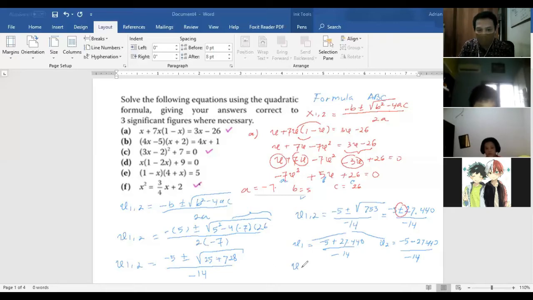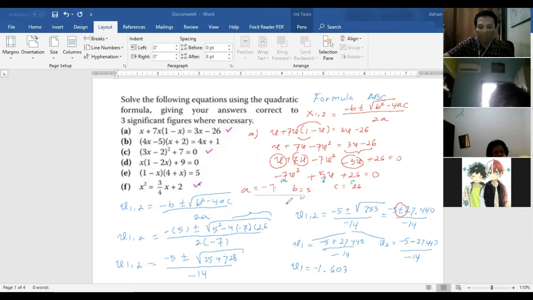Okay. So x1 equals, by using the calculator, you find 1.603, but negative. Is it clear, everyone? Negative, right? And x2, now we're going to find x2. We're using the calculator.